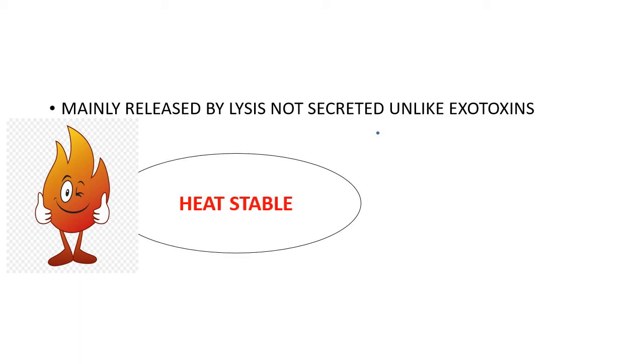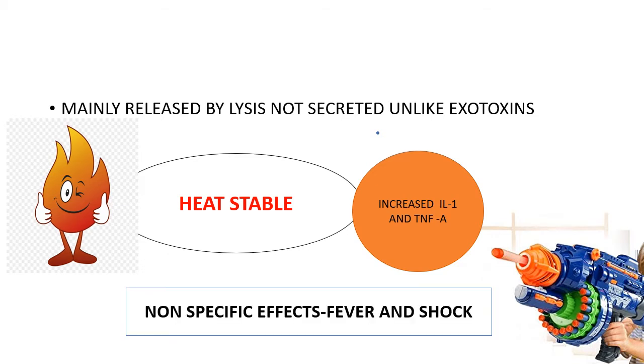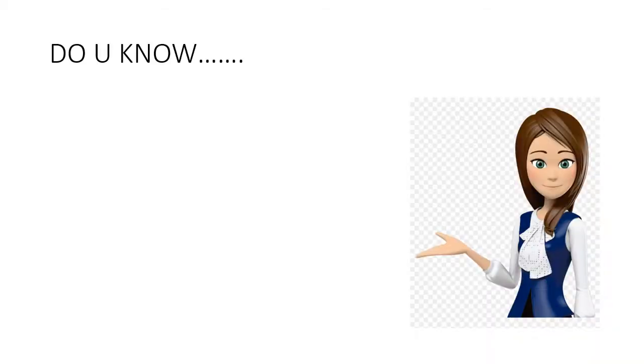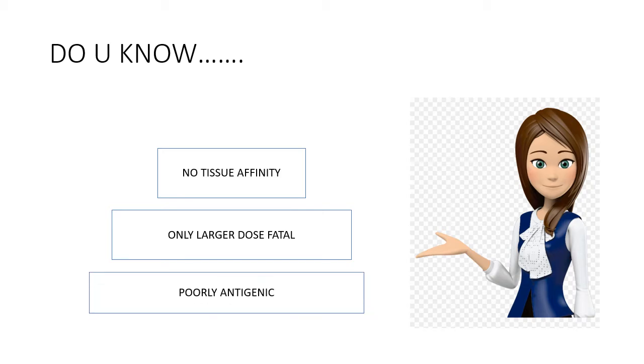And what does this do when it is released? It can increase the cytokines, it can increase interleukin-1 and TNF-alpha, and can produce non-specific effects like fever and shock. But do you know one thing? It has no tissue affinity, and only larger doses can be fatal, and it's poorly antigenic.